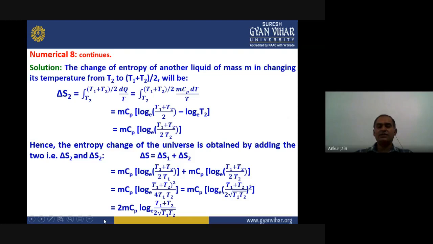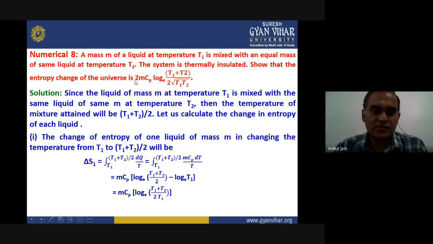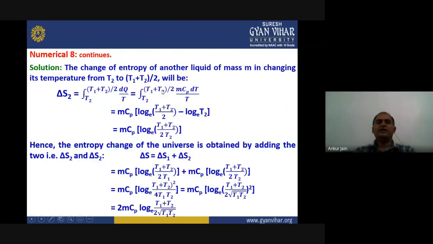It will convert the equation to 2 m Cp log base e of (T1 plus T2) divided by 2 under root T1 T2. And this was the question. It was saying to show that the entropy change of the universe is 2 m Cp log (T1 plus T2) upon 2 under root T1 T2. So that's what we have got here as the answer.